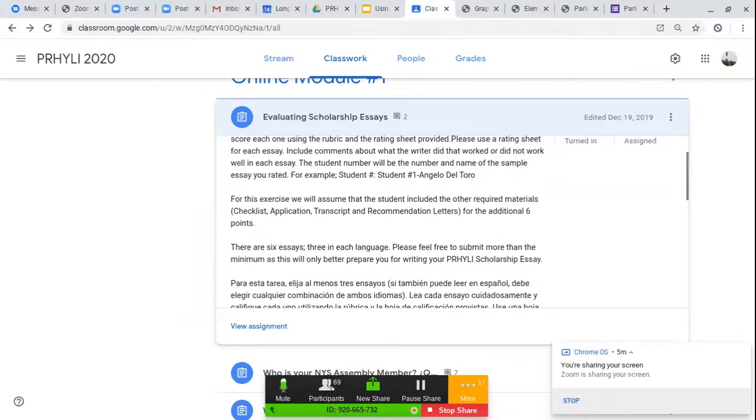What we did in class, we looked at the rubric for the scholarship, and then we did a mini lesson, and we looked at one scholarship and we talked about how it was rated using the rubric. And then students worked on another scholarship essay that they looked at using the language of the rubric.